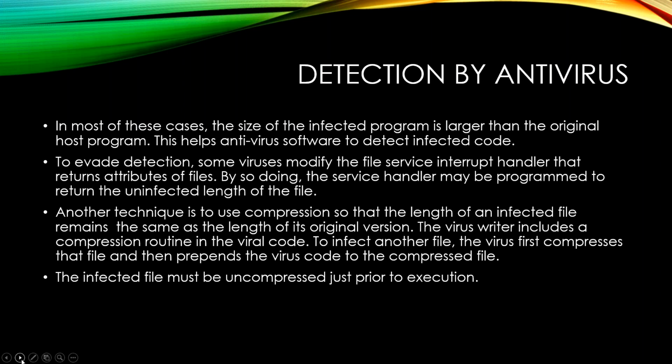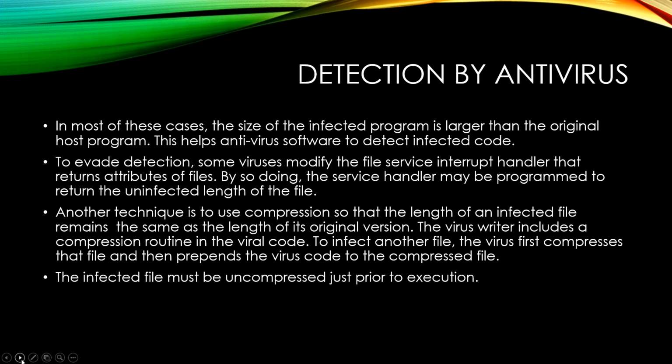Now, the virus creators are even smarter. They adopt two techniques to overcome this problem, or to escape from the antivirus software. The first technique is that they modify the file service interrupt handler.